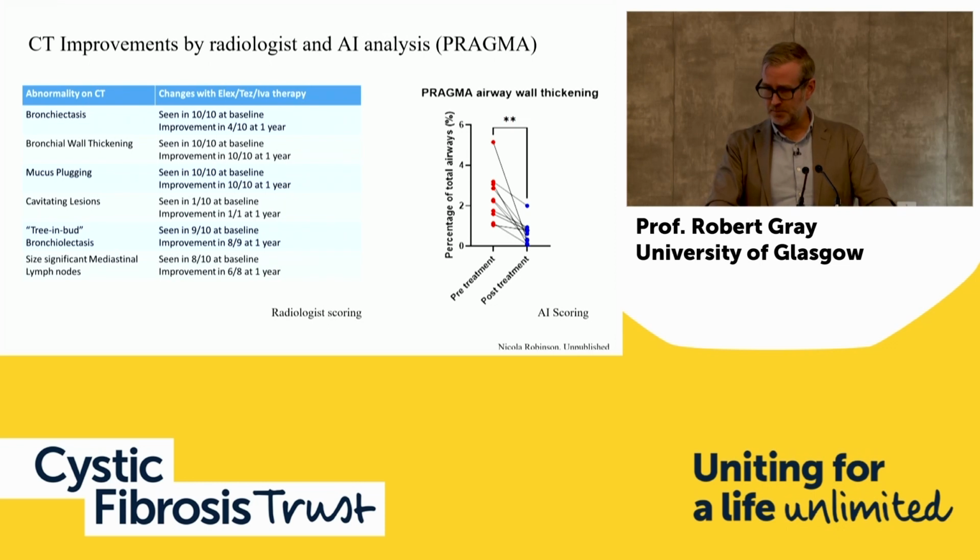We've looked at these CT scans of these 10 patients with expert radiology scoring and also with AI, although we probably should have just used actual intelligence and looked at the scans, and we would have saved several £1,000s on the analysis. But the impressive thing is that we see not just bronchial wall thickening improvement, but also improvements in bronchiectasis and even size-significant mediastinal lymphadenopathy. So major impacts on inflammation that have a cut-through into patient radiology.